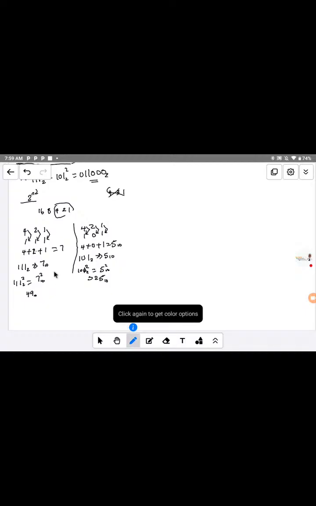Now, let's bring it back: 111 in base 2 squared, minus 101 in base 2 squared. So 111 means 7, and the square is 49. Then minus 101, that is 5, squared. So when you subtract now, 49 minus 5, what do we get?